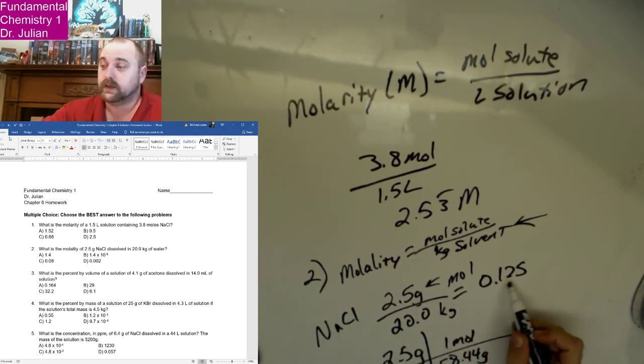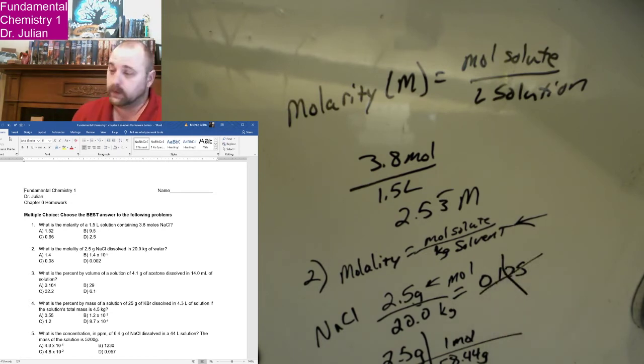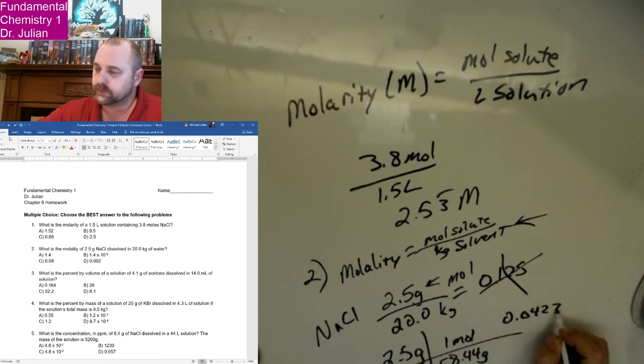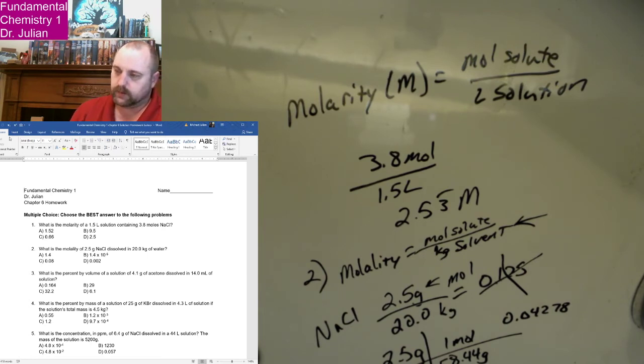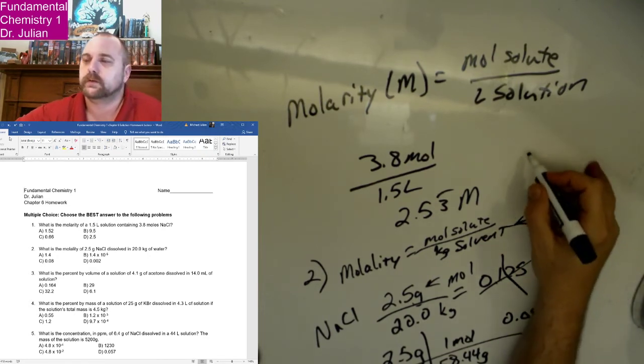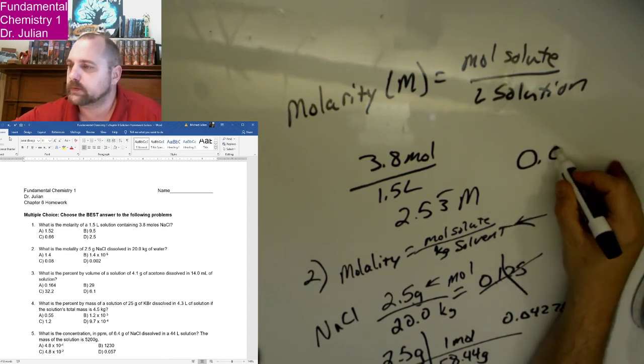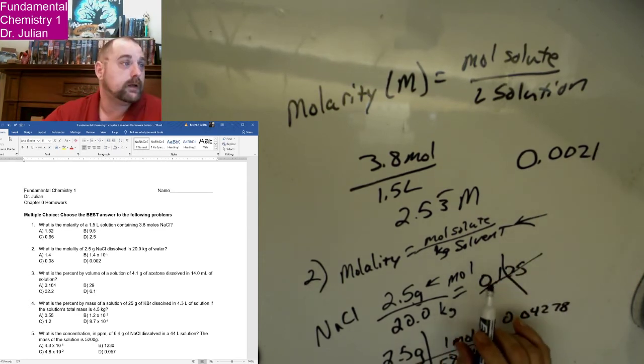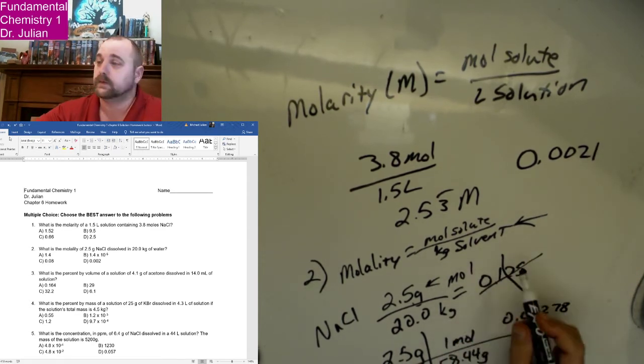So 2.5 divided by 58.44 is 0.0427. We'll call that 8. All right, and we're going to take that and divide it by 20. I get 0.0021. That's D.